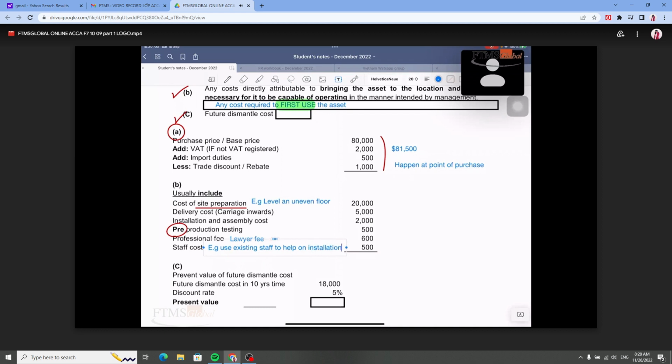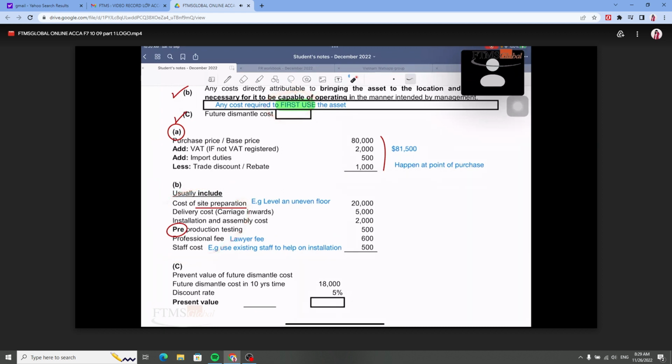Your boss want to save on installation fee. Then what to do? Ask your existing staff to help. Right, so if you have this, then of course the salary of all these staff, you will need to include under PPE, means to say you debit PPE. Right, so do you see all these? We all incur before first use, right?